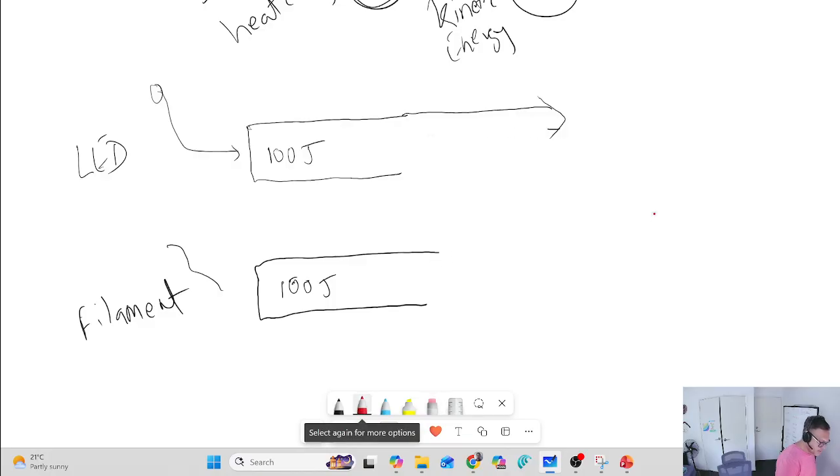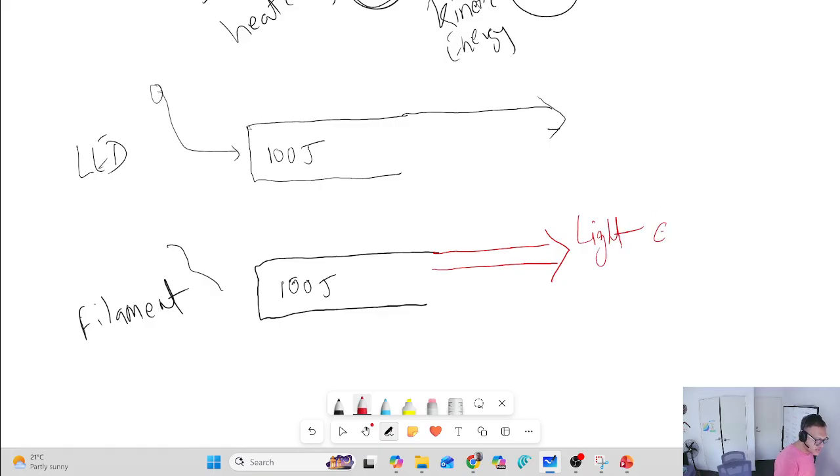So the output is light, which we are interested in, and let's say the light energy here is 20 joules.